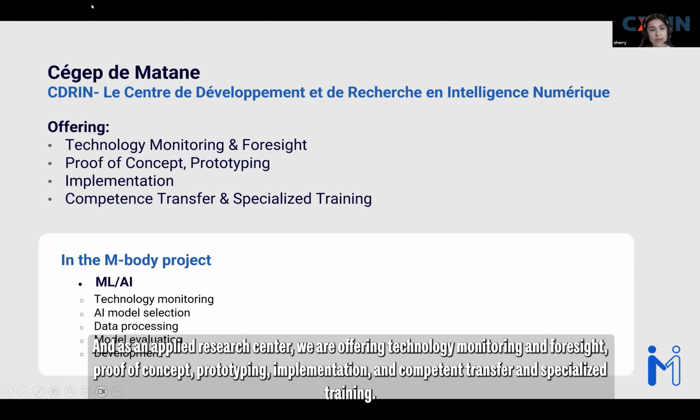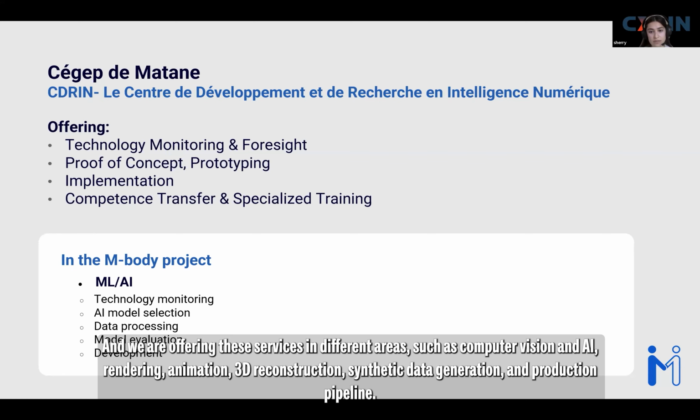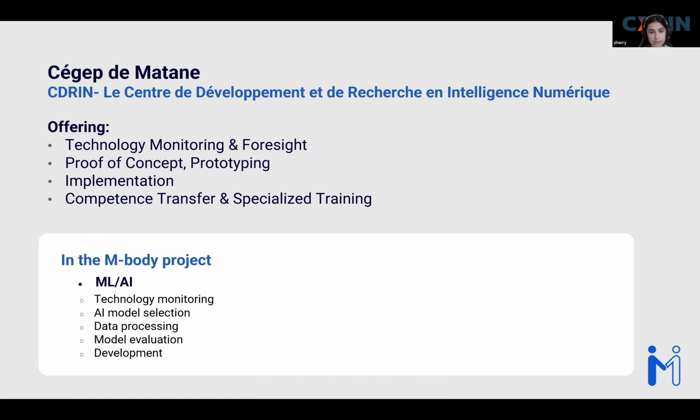And as an applied research center, we are offering technology monitoring and foresight, proof of concept, prototyping, implementation, and competent transfer and specialized training. And we are offering these services in different areas, such as computer vision and AI, rendering, animation, 3D reconstruction, synthetic data generation, and production pipeline.